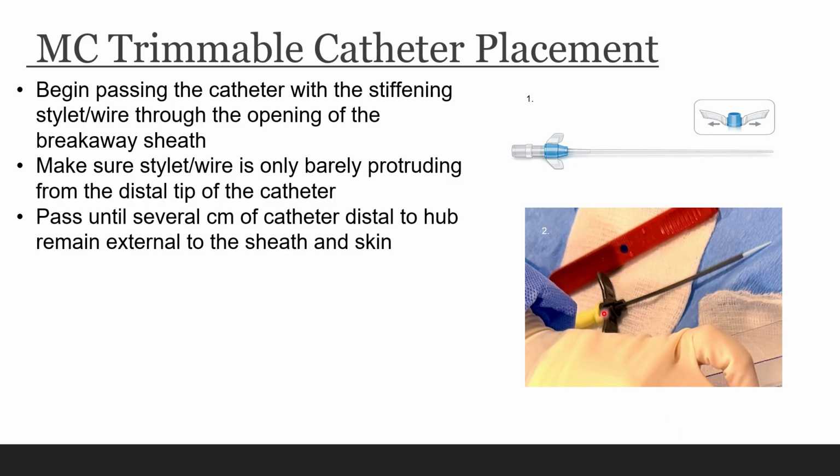Then we grab the distal end of our catheter with the wire or stiffening stylet just protruding, and we start slowly feeding that down through the sheath into the vessel. We'll continue that process, stabilizing the sheath, passing the catheter, until you have just a couple inches or centimeters of space between the hub of the catheter just before the lumens and the portion of the catheter that's entering into the sheath.